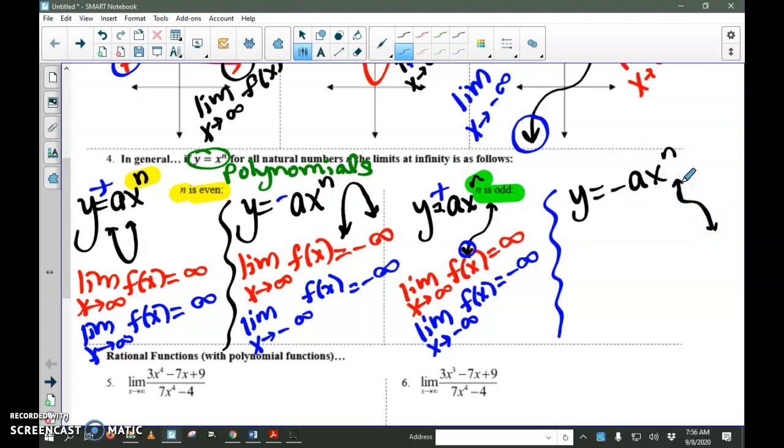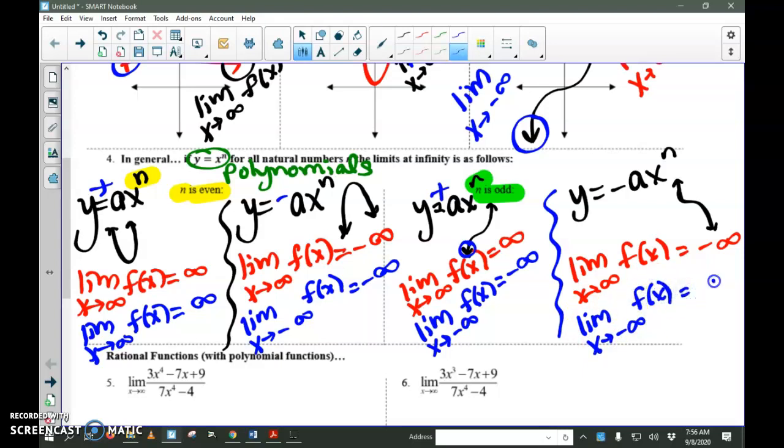So negative x cubed, negative x to the fifth, etc. So the limit as x approaches infinity, that's that right-sided end behavior for my function, is equal to negative infinity. And the limit as x approaches negative infinity, the left-sided end behavior of my function, this time is positive infinity.